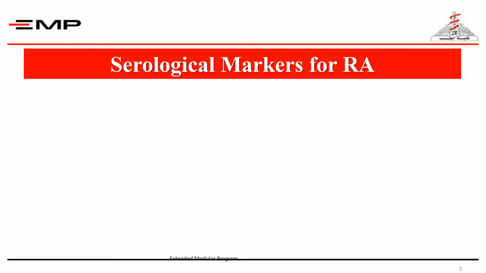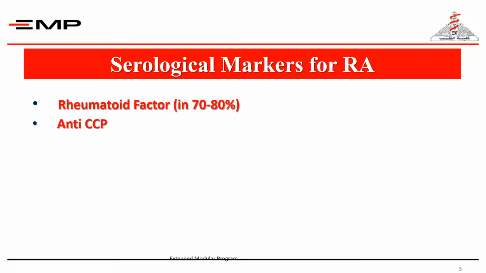Serological markers for rheumatoid arthritis diagnosis. First, rheumatoid factor, which is sensitive and present in about 70 to 80% of cases. Also, anti-cyclic citrullinated peptide, which is more specific for diagnosis of RA, especially in early cases. We will focus on these factors later on.